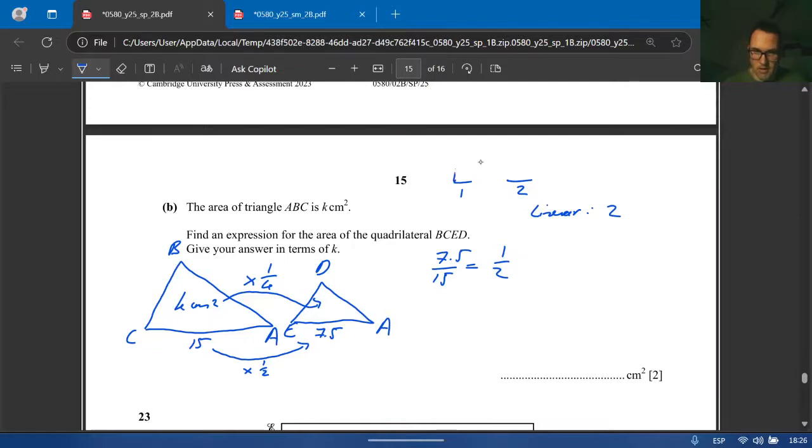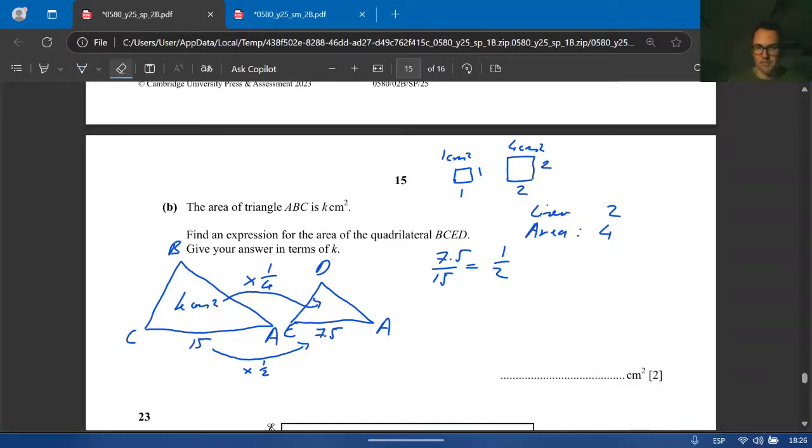But if I make this into a square, the area of the square will be 1 centimeter squared, but the area of this one will be 4 centimeters squared. So now the area scale factor, you need to do 1 times 4. Bam. See? It is 2 squared.